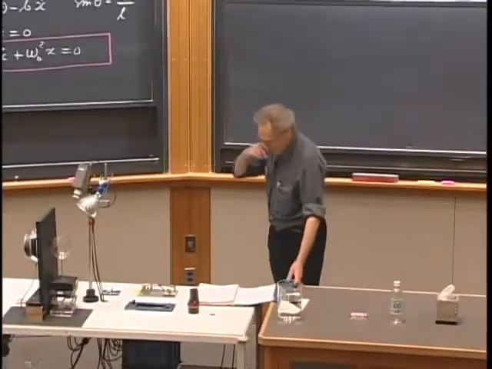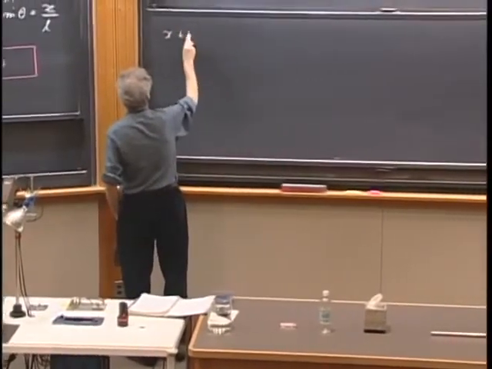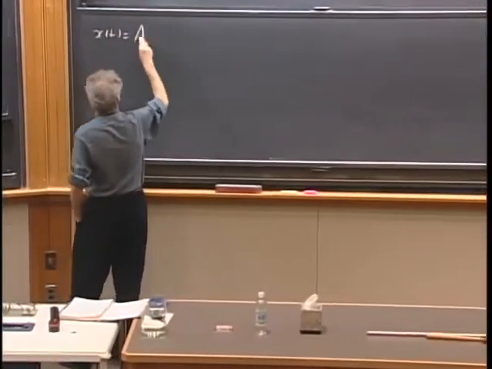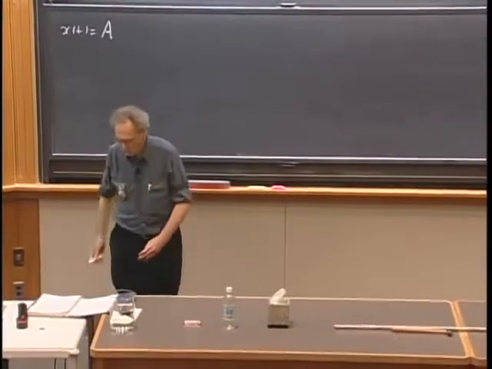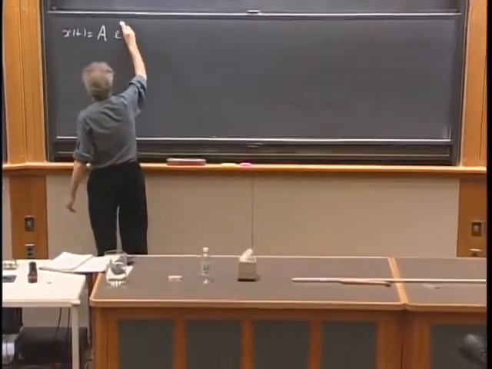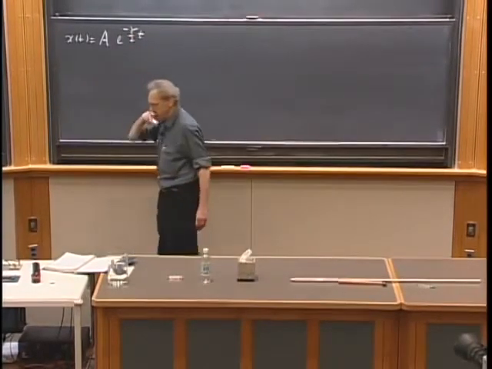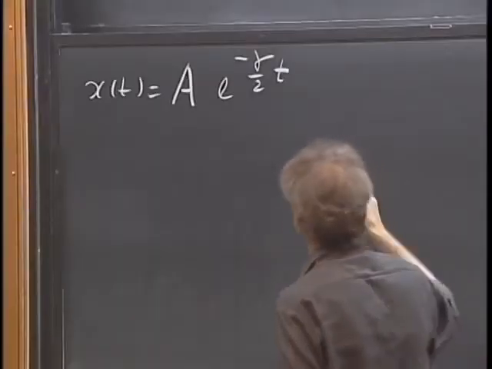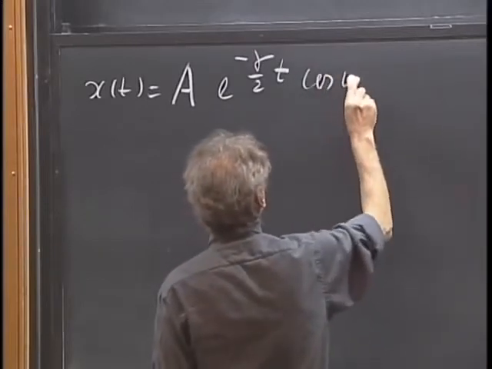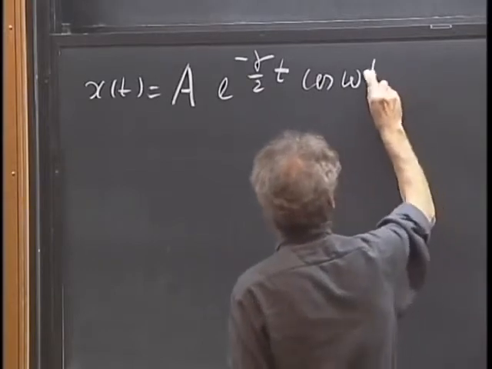And so let me write down here what that solution is. So x, as a function of time, is a certain amplitude times e to the minus gamma over 2 times t, and then we have a cosine or a sine, cosine omega t plus some phase angle alpha.